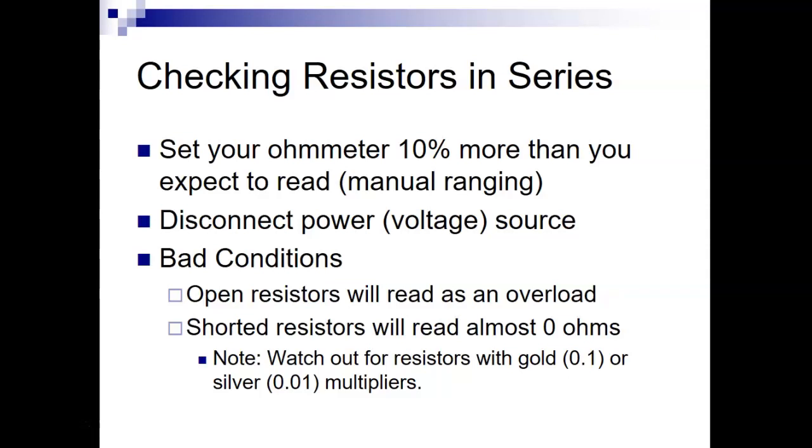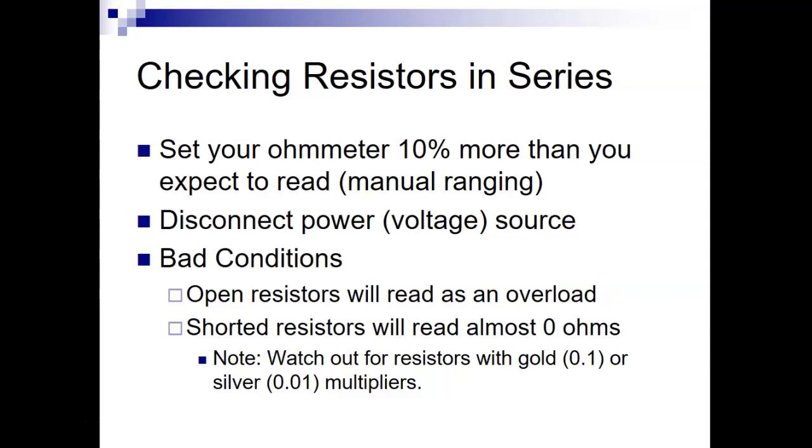Does that make sense? If you have an open, you have excessive resistance. So if all of my circuit is balanced to be 1 kiloohm, but I get an open, I will not read 1 kiloohm. I'll read a lot more than that. Why? Because the resistance has become excessive and there is no ability for current to flow.